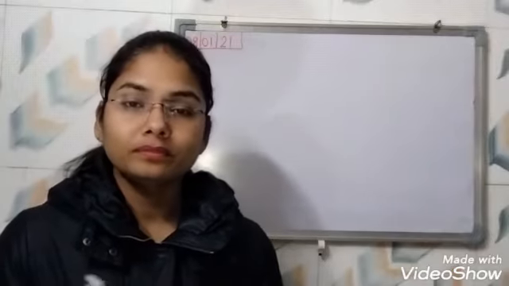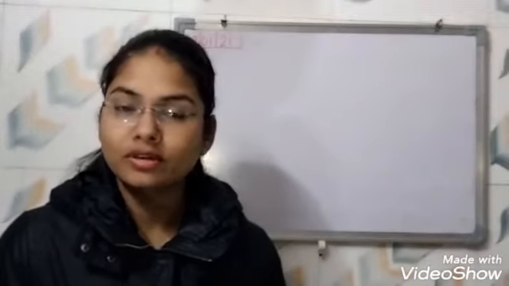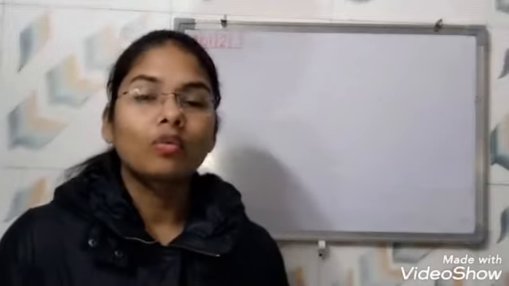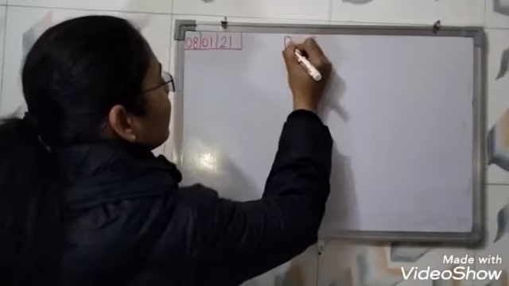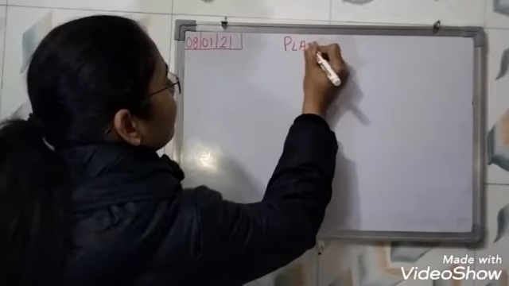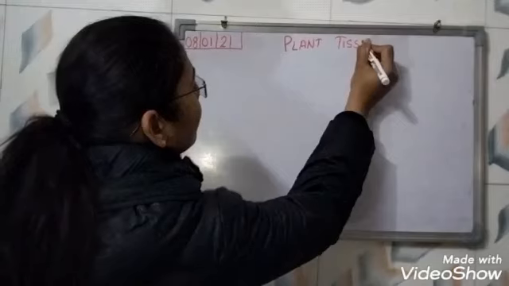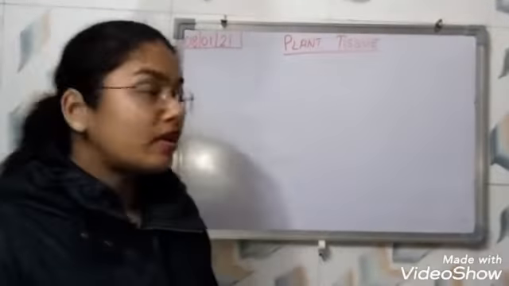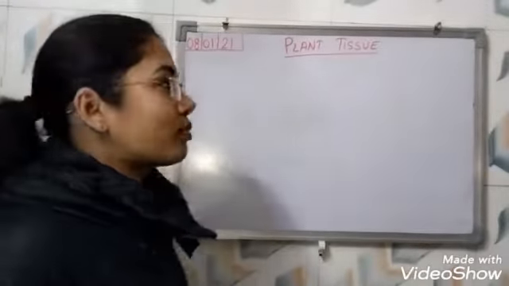After that, we saw that plant tissues and animal tissues look similar in structures and functions, right? So today we are going to cover plant tissue in detail. Plant tissue is broadly classified into two groups.